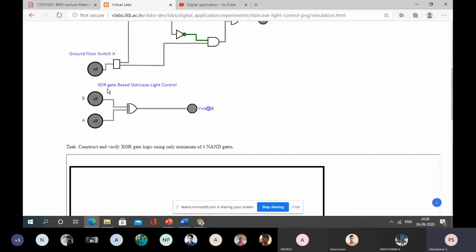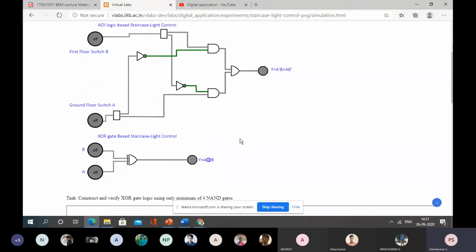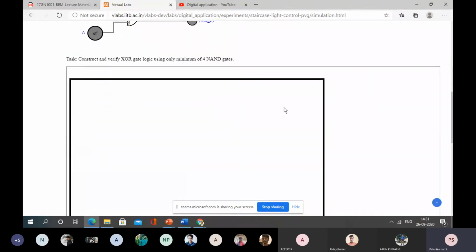Actually our experiment is related to the XOR only, because without going for AOI logic, we have come to the conclusion, by simply knowing the theoretical concept, that if I use AOI logic, I have to go for more gates: two NOT gates, two AND gates, one OR gate. So instead of that, if I use only an XOR gate, I will get the output. So I'm going to simply do that.